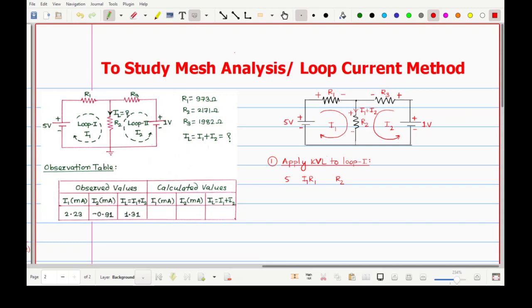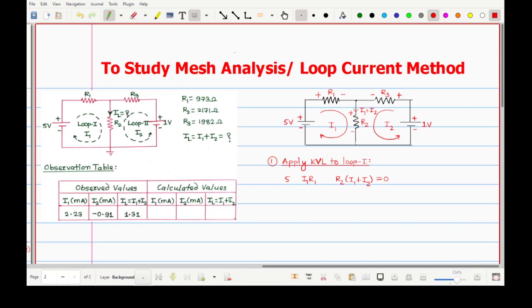So again this is converted into a voltage term. Similarly, through this R2 which current is flowing? I1 plus I2 current is flowing. If we multiply resistance with current, we will get the voltage. So this is 5 volt, I1 R1, R2 into I1 plus I2, all three are voltage terms. Okay, so the algebraic sum of all these voltage drops should be equal to 0.